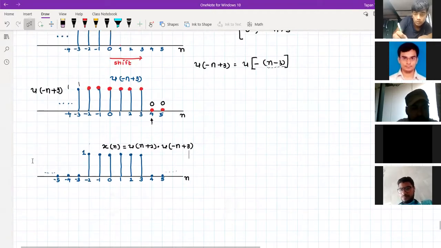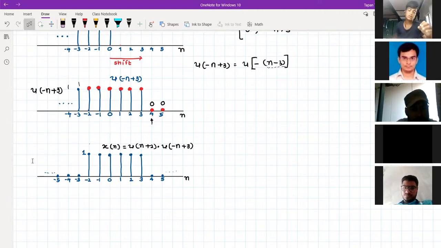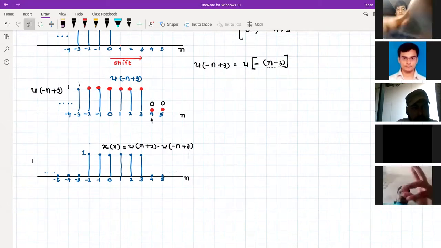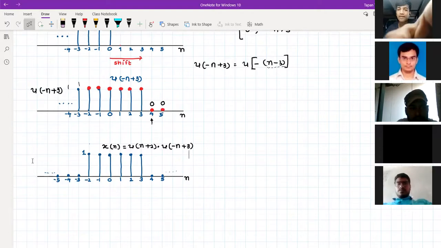Always remember, multiplication of two signals is always done in instantaneous manner. This is the final answer. Yes, this is the final answer.